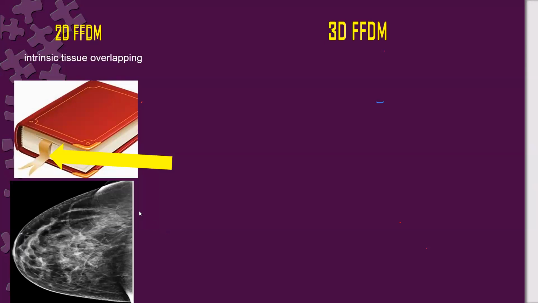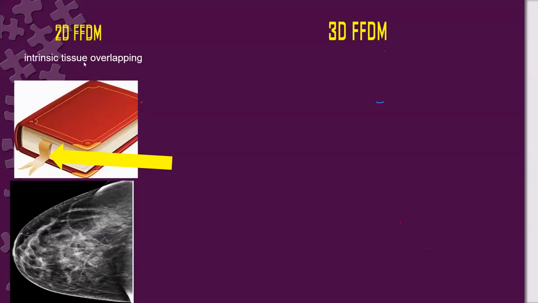This 2D image is like a closed book. If we would like to see anything inside this book, we can only see it through the cover of the book. And look at the pages, these papers are all stacked over each other.